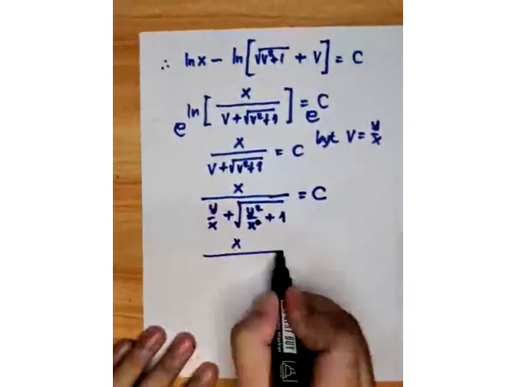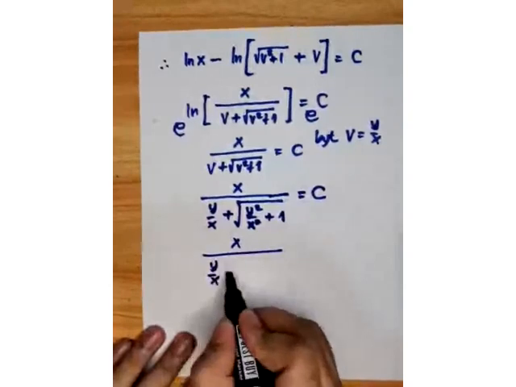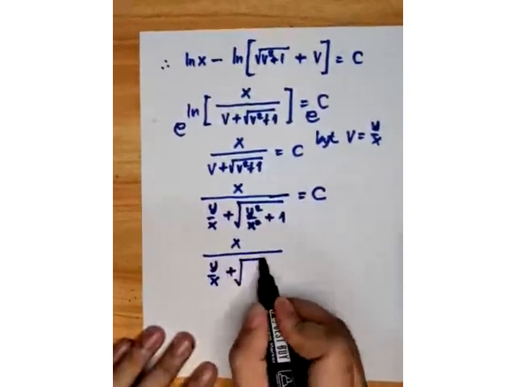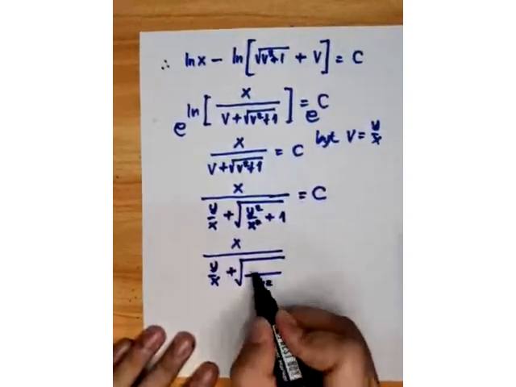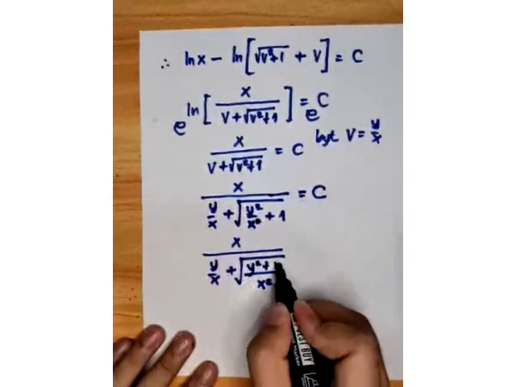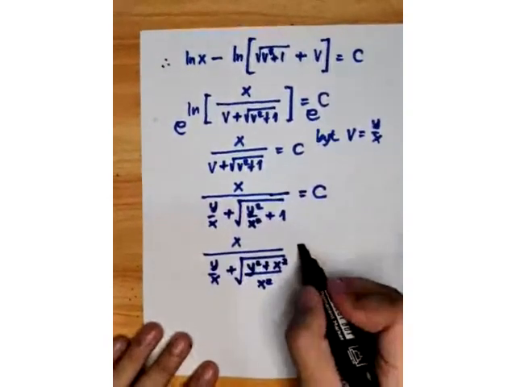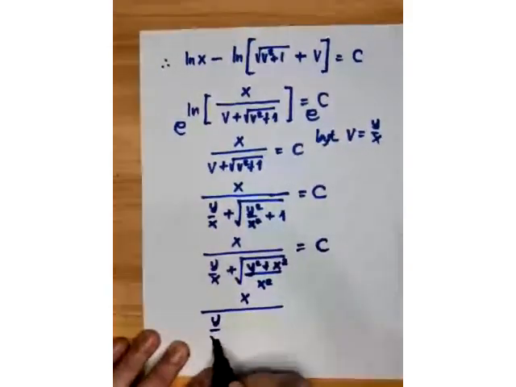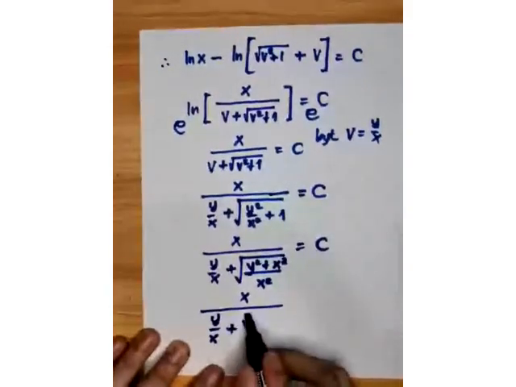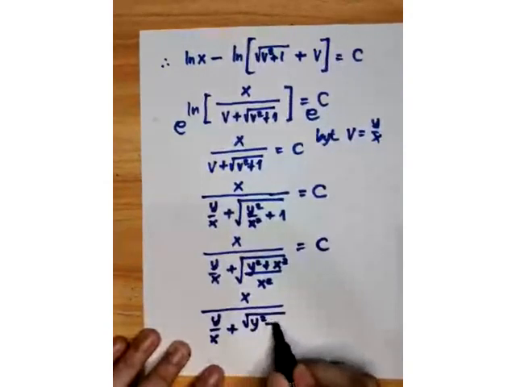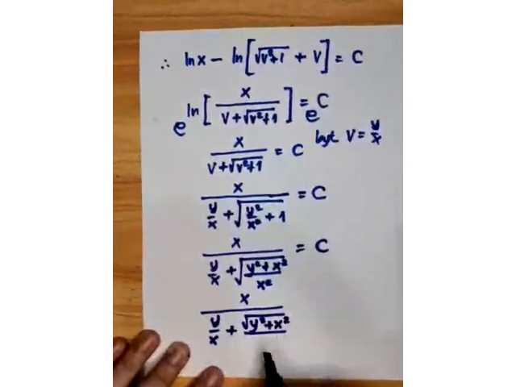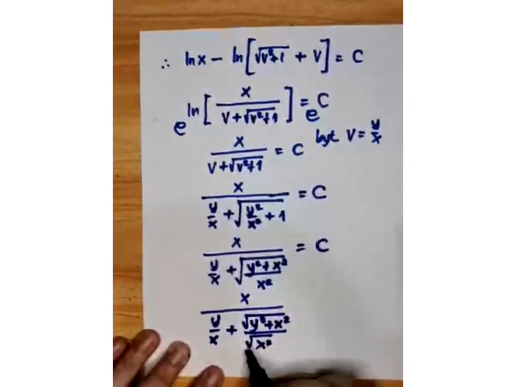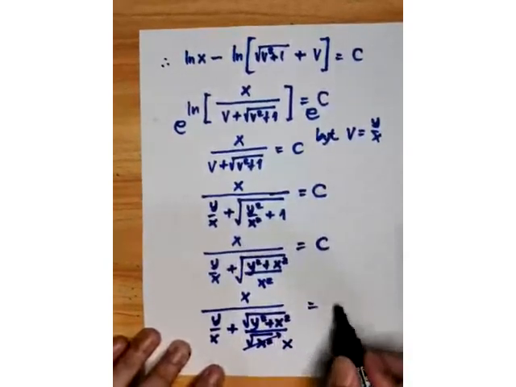So that's x over y over x plus, with LCD x squared, y squared plus x squared, is equal to c. And then x over y over x plus the square root of y squared plus x squared over the square root of x squared, which is just x, is equal to c.